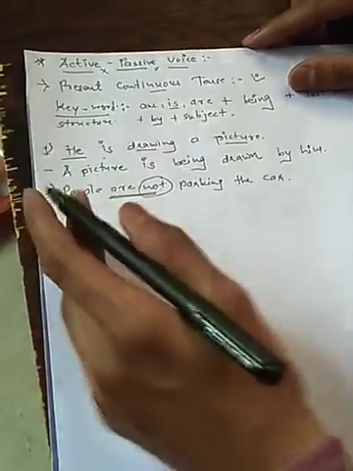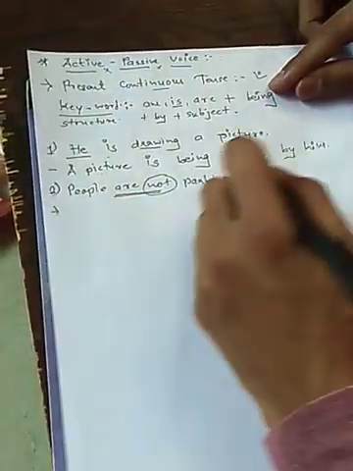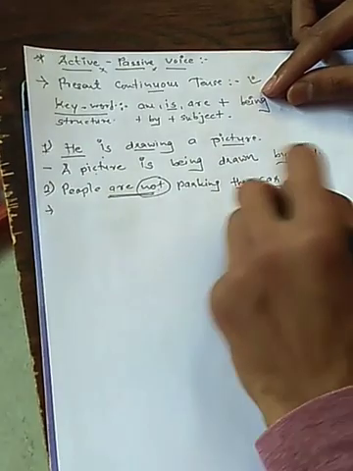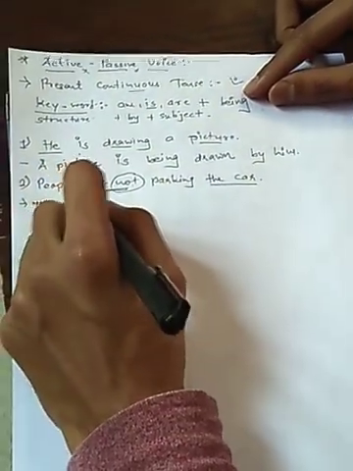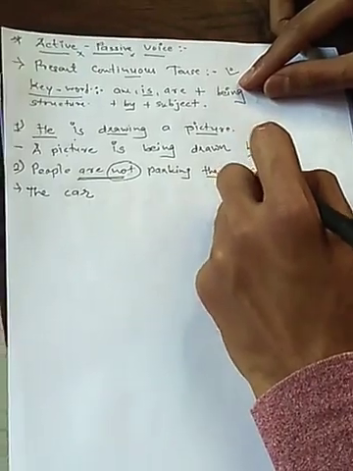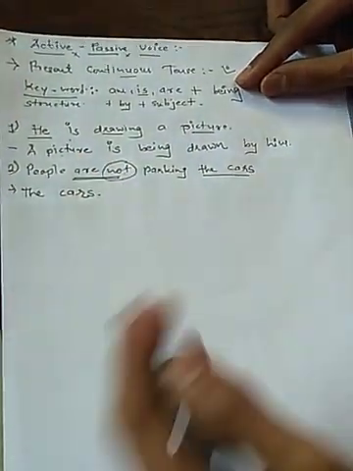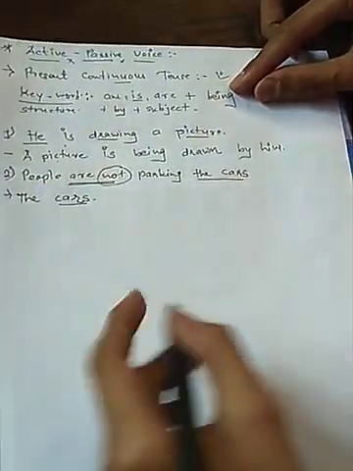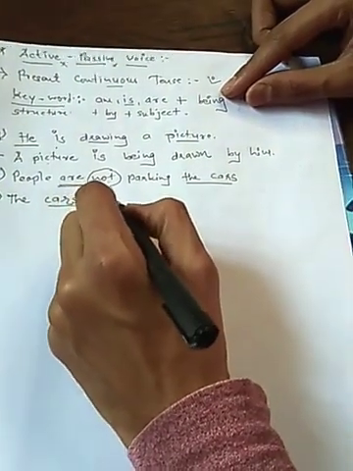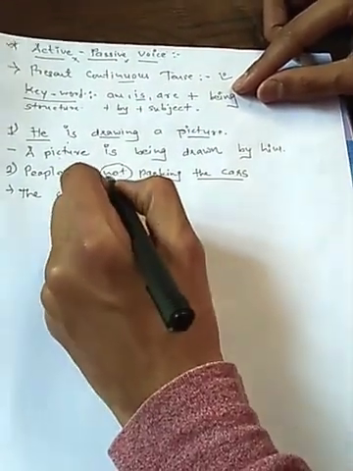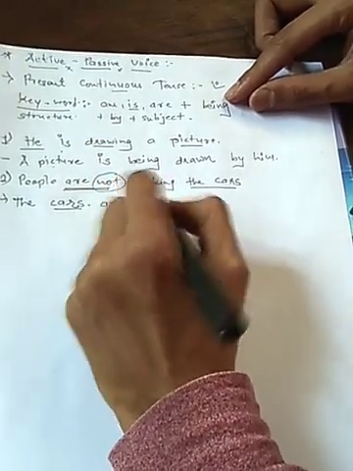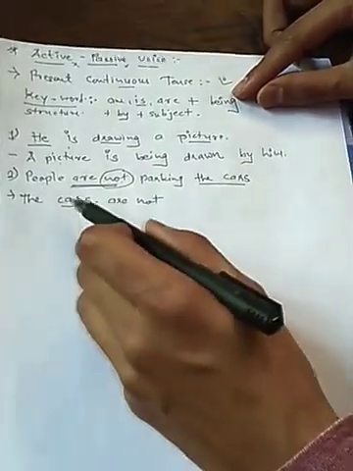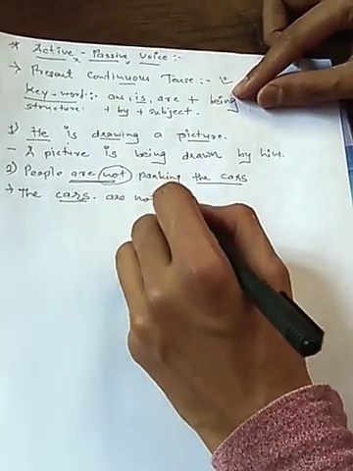So let us try. What is the object here? That is the car. Write down the car. Here it should be cars. So the cars. Now cars is plural, that's why we are going to write are. Along with are, we also have to put not. Again I am repeating, the cars are not being.